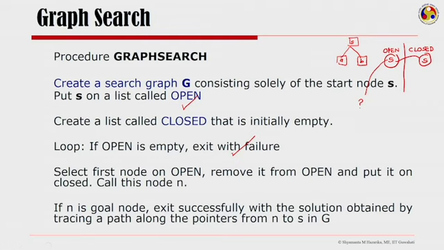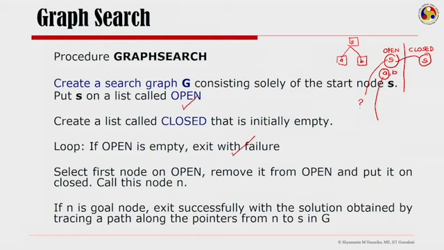Then after that, I generate the successors of S. The successors of S here are A and B. So I take A and B and put them in open. And next, when I look for an expansion, I take the node from open, so A comes to me.